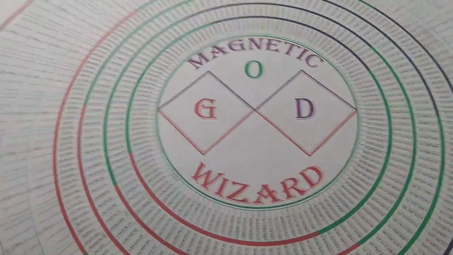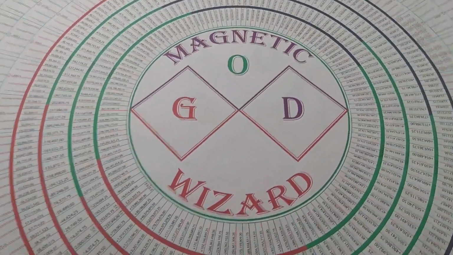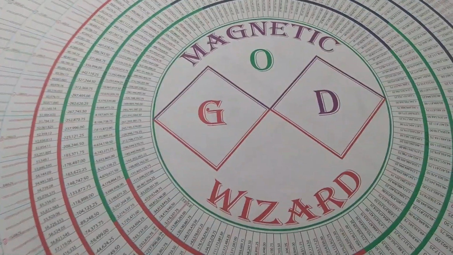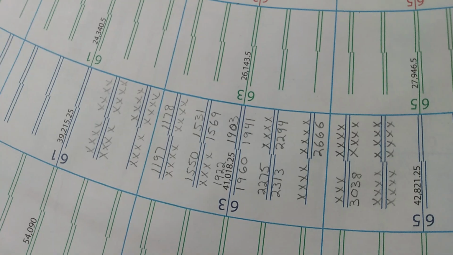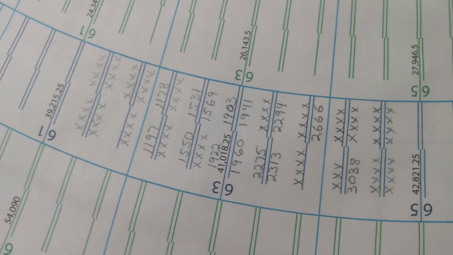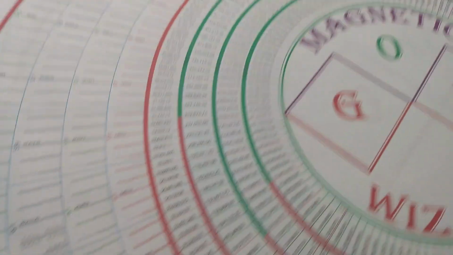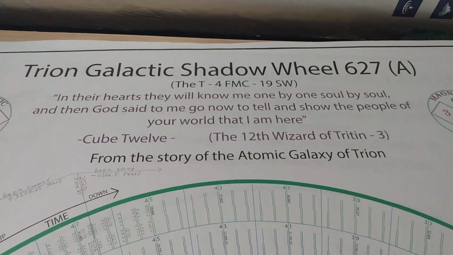Okay, so I'd like to show you an absolute miracle that has occurred here on Earth, and that is these eclipses that appear on the Tryon Galactic Shadow Wheel.